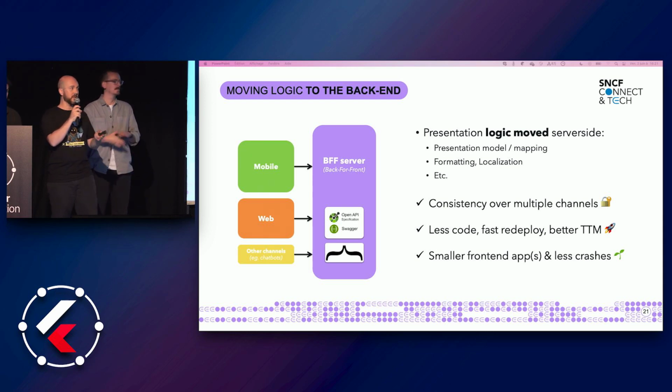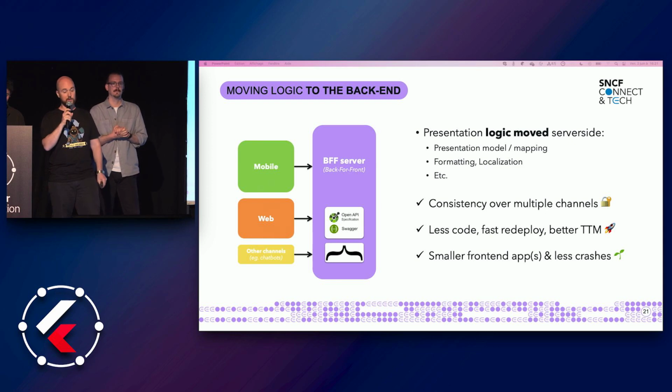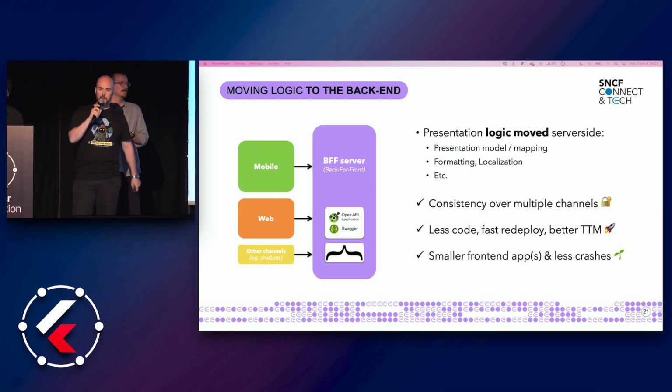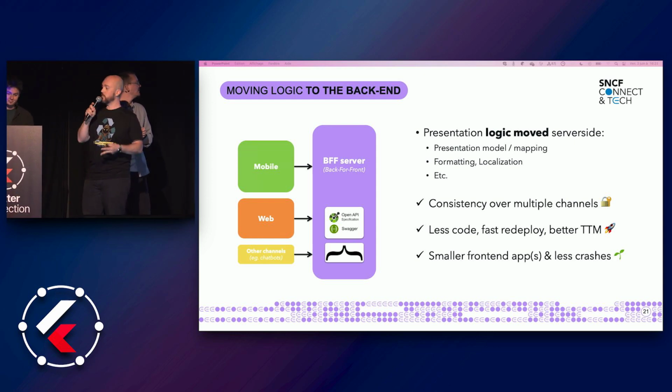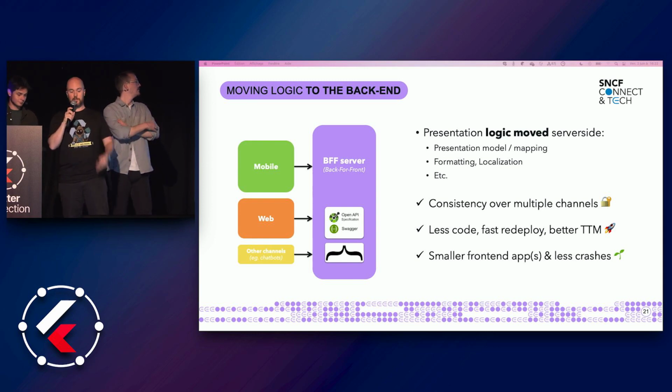And there's this pattern we use, the backend for frontend pattern. The backend for frontend server is also your best friend forever, clearly, when you're a Flutter developer, because this way you have some logic you can just move away to the backend. If you have multiple channels and maybe multiple technologies on the front end, it gives you more consistency.